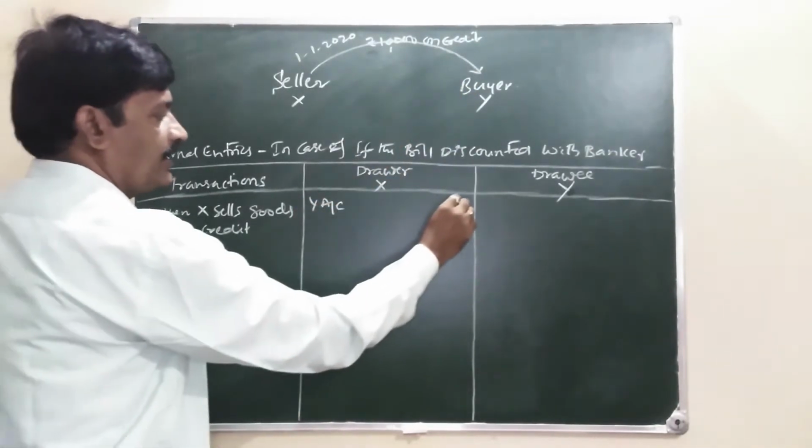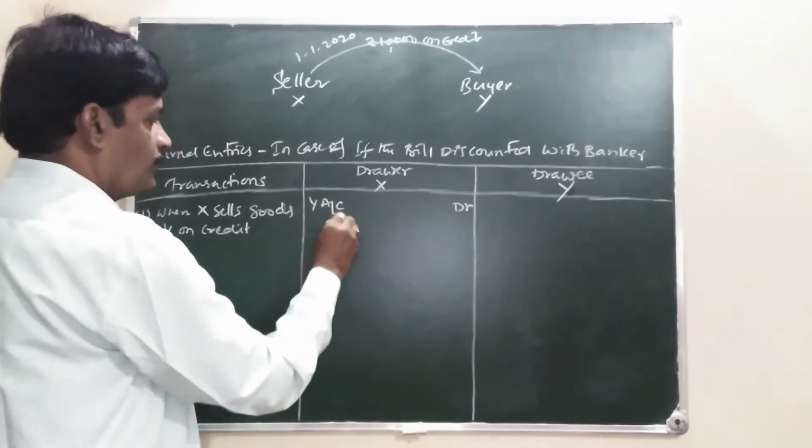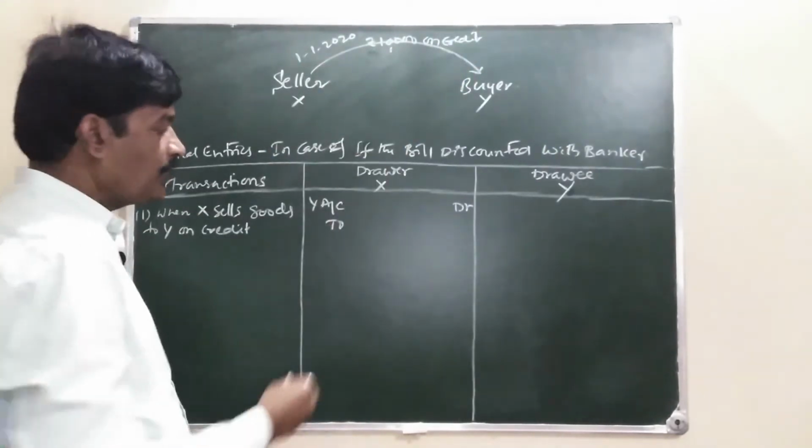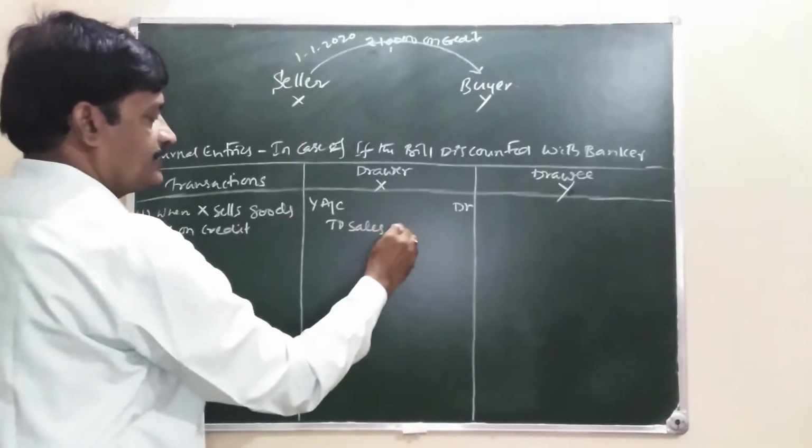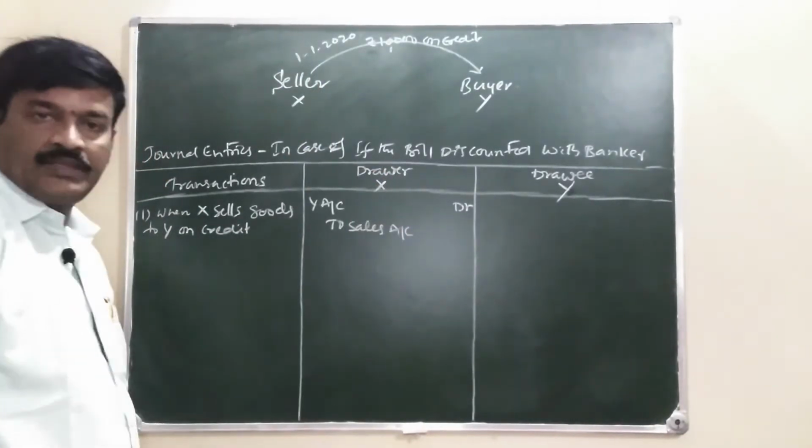Y account debtor to what goes out? Goods go out. From the point of seller, it is a sales account.